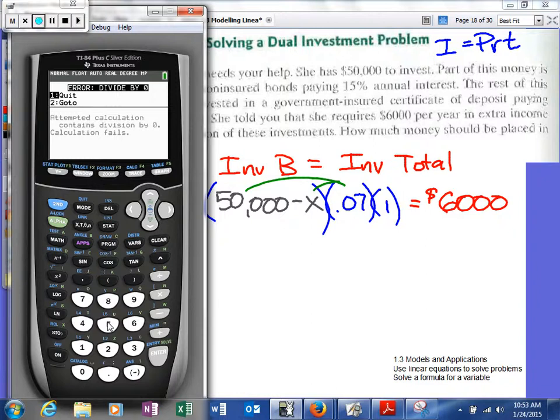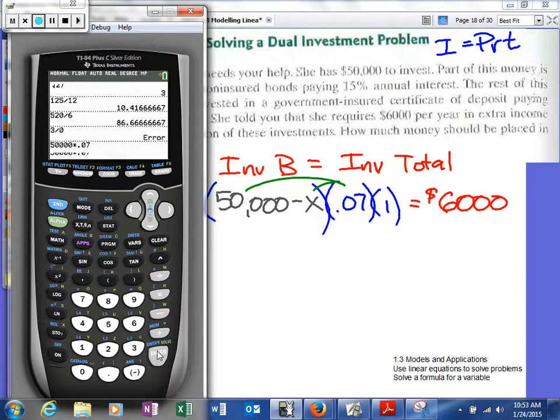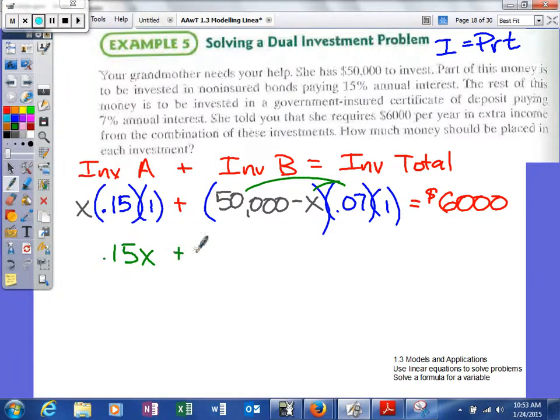So 50,000, whoops. Remember, extraneous solutions. Times decimal 0.07. So 3,500. So 0.15x plus 3,500 minus decimal 0.07x equals 6,000.